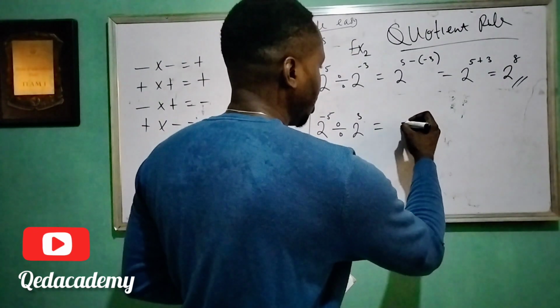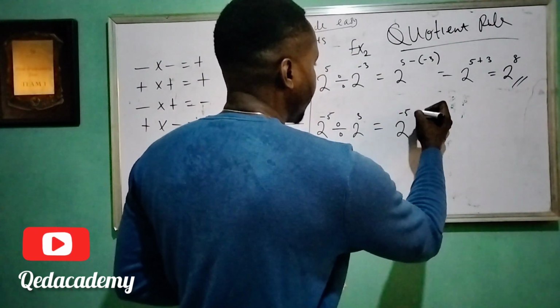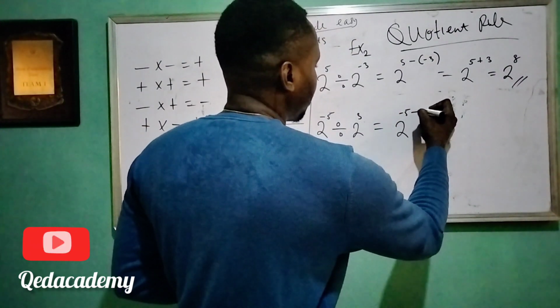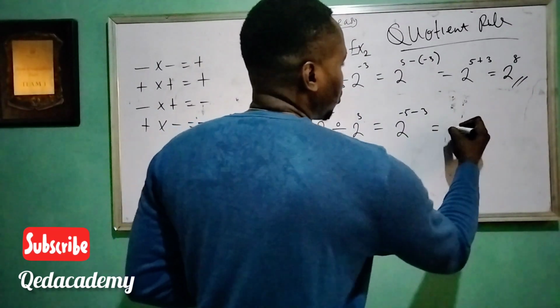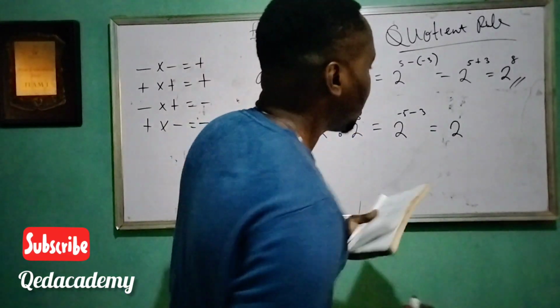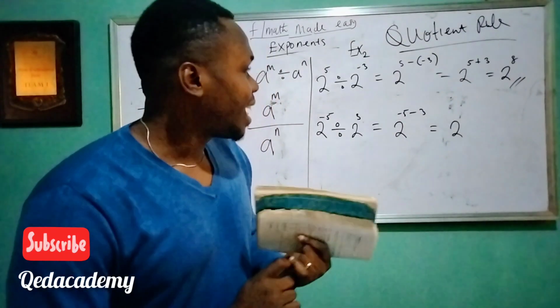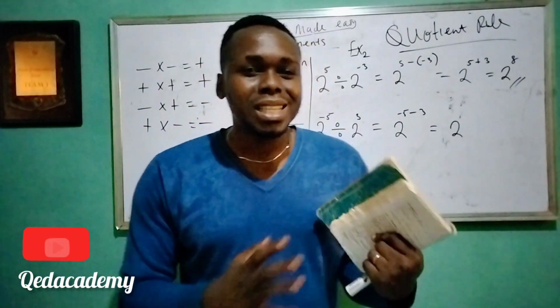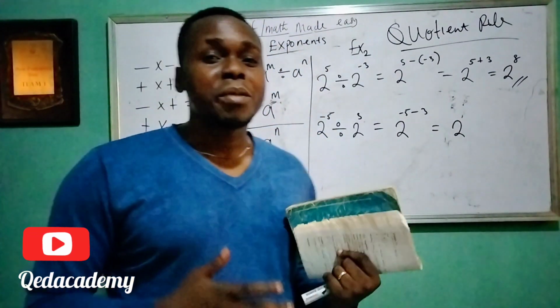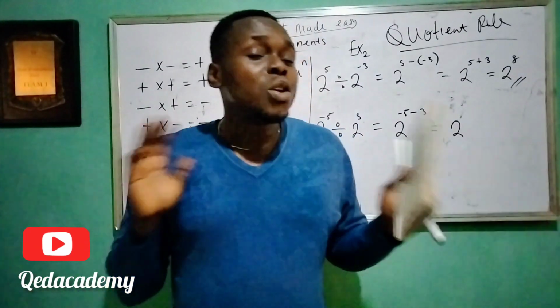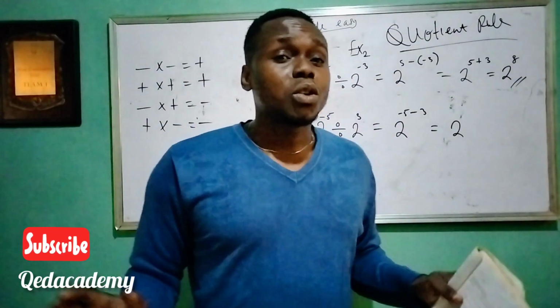So this becomes 2 raised to the power minus 5 minus 3, which is equal to 2 raised to the power. Now most students have a challenge with manipulating minus 5 minus 3. If you have a calculator, you can easily do this with your scientific calculator.